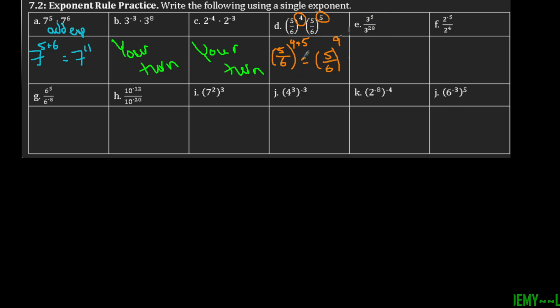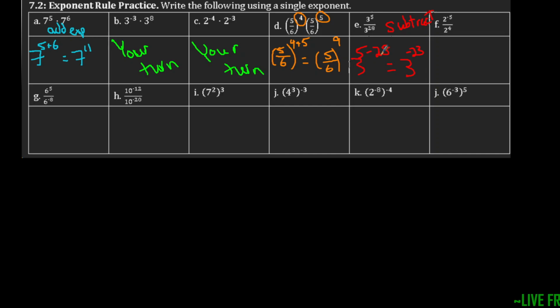For the next one, however, since we are dividing, we subtract the exponents. So make sure you subtract them. I'm going to say it's 5 minus 28. So I have 3 to the power 5 minus 28, which is equal to 3 to the power negative 23.